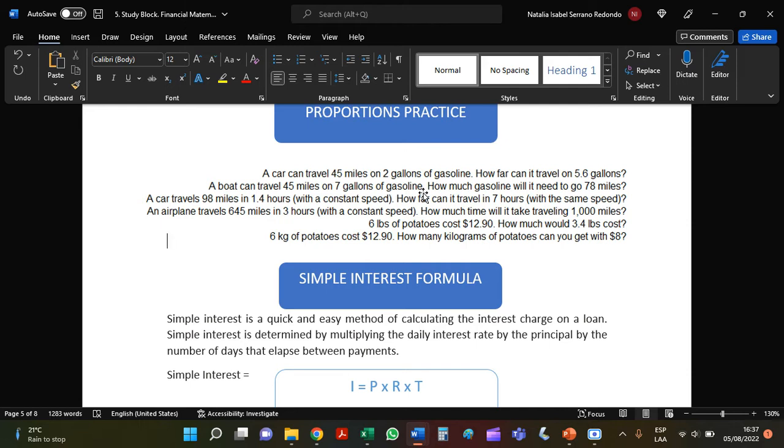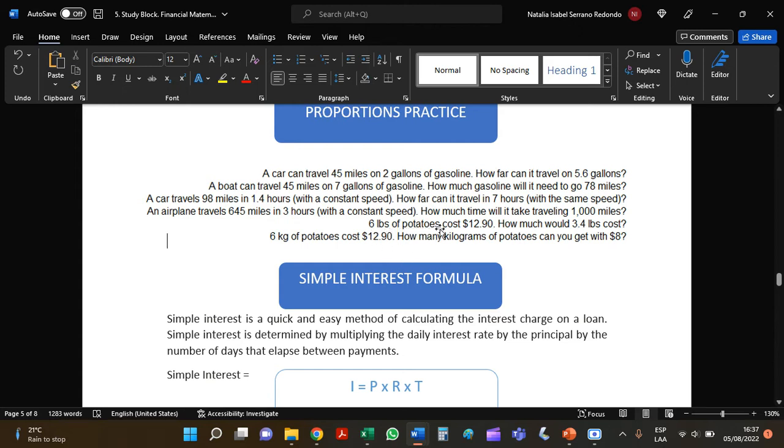A car travels 98 miles in 1.4 hours. With a constant speed, how far can it travel in 7 hours? Same speed, right? Because otherwise they wouldn't be proportions. An airplane travels 645 miles in 3 hours. How much time will it take traveling 1,000 miles?